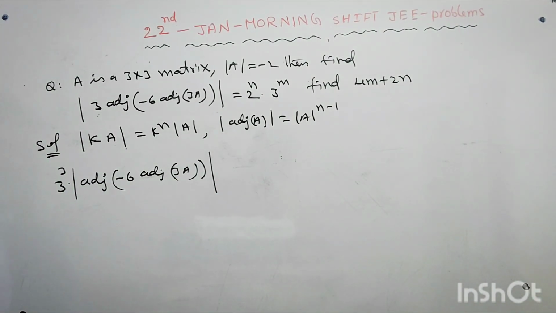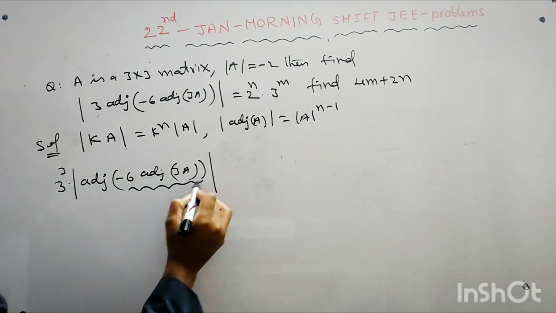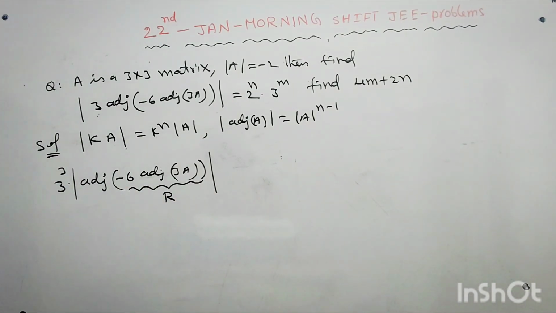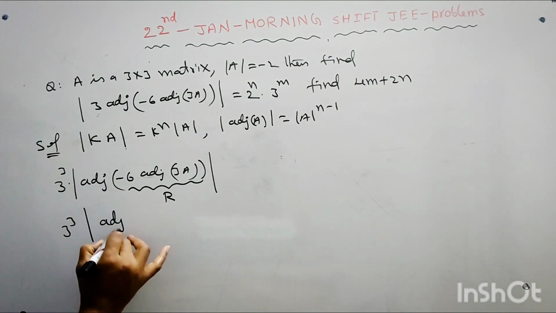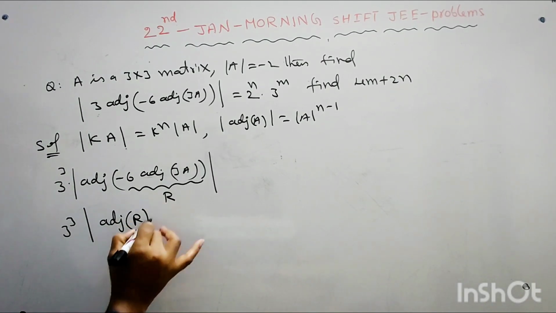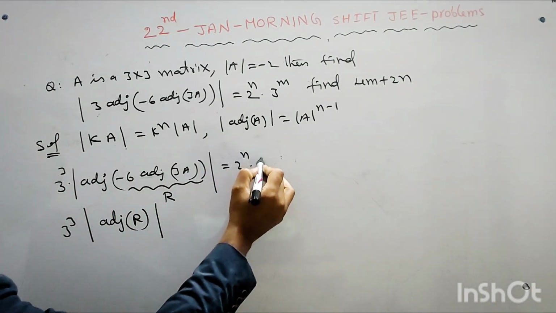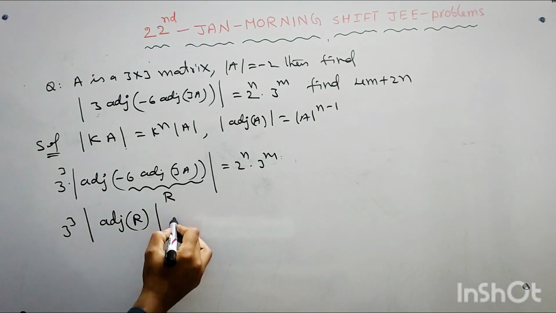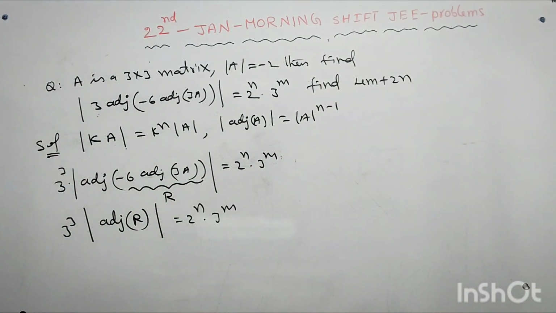Okay, then after that, next one: assume this whole part as R. That means 3 power 3 into det of adjoint of R. On the right side, what is there? 2 to the power of n, 3 power m is there. Here also 2 to the power of n, 3 power m is there.